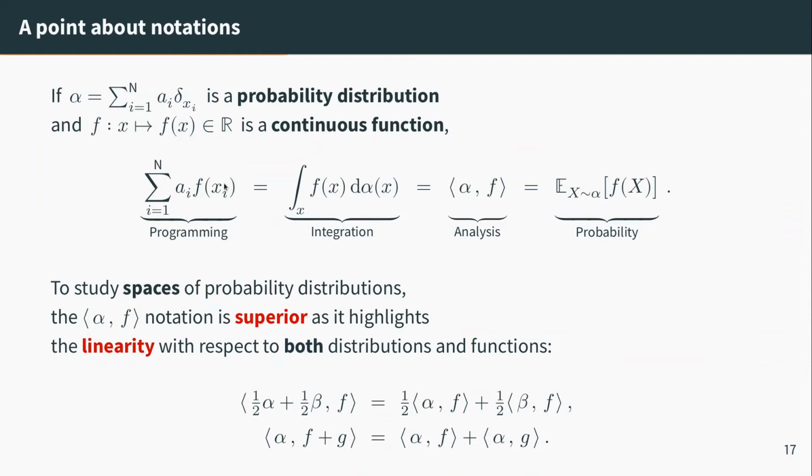It's the one where you have replaced the discrete sum by an integral of f d alpha of x. And basically, this notation highlights the fact that if the number of samples goes to infinity, we are going to get an object that has the same behavior as a Lebesgue measure. Basically, we use the same notations for discrete and continuous measures.